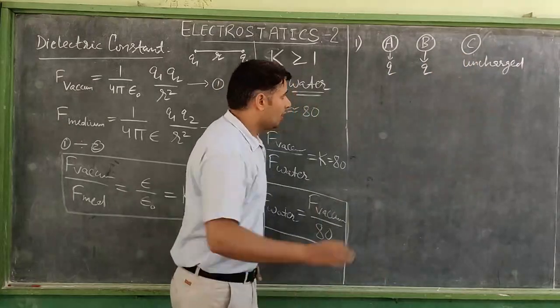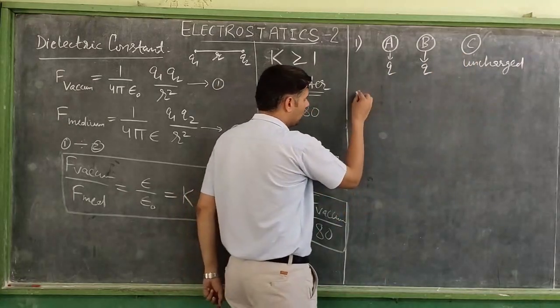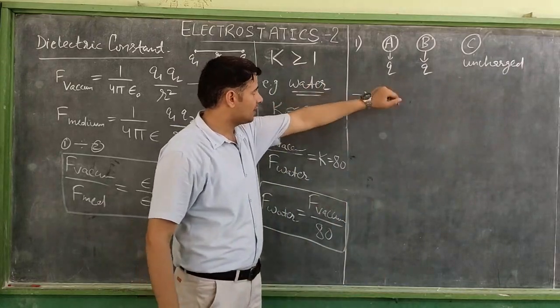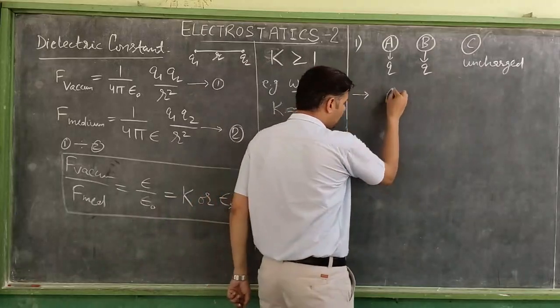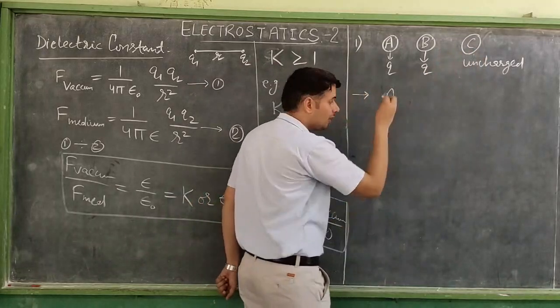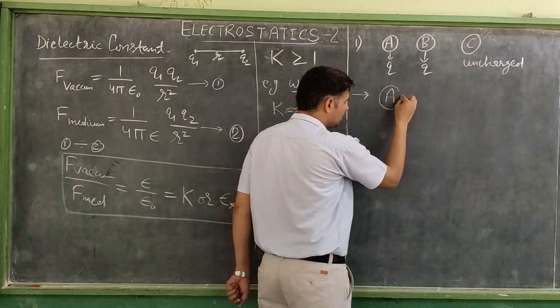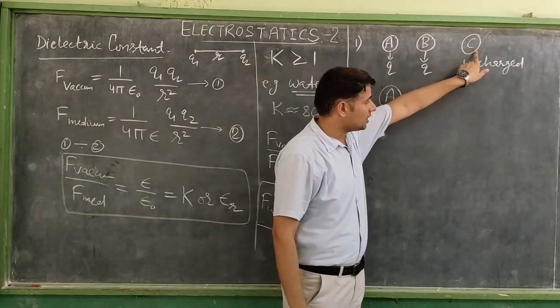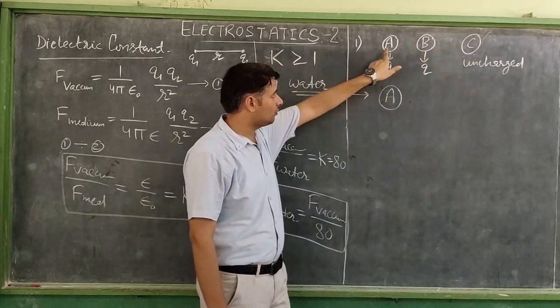So what process do we have to carry out? In the first step, the examiner is asking that we put this third sphere C in contact with A.